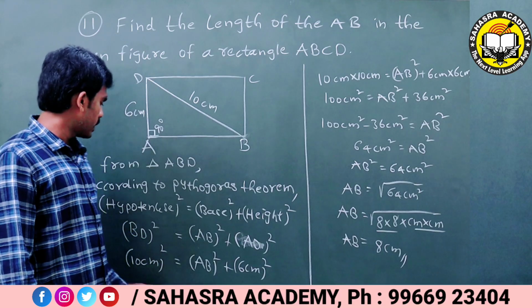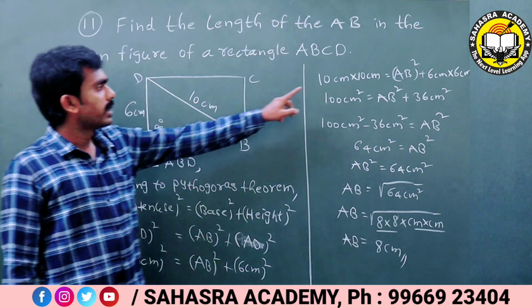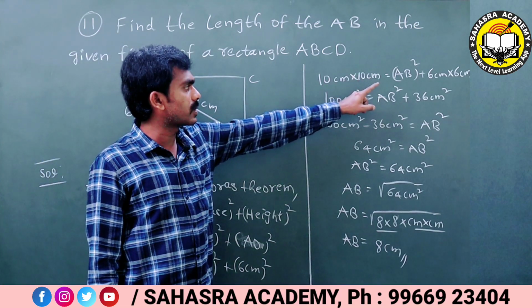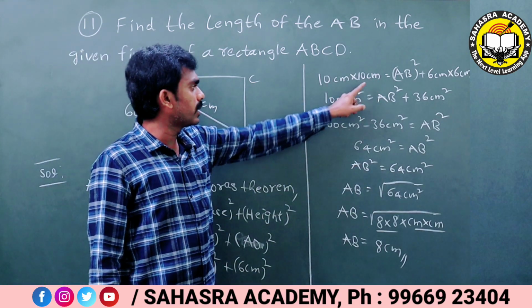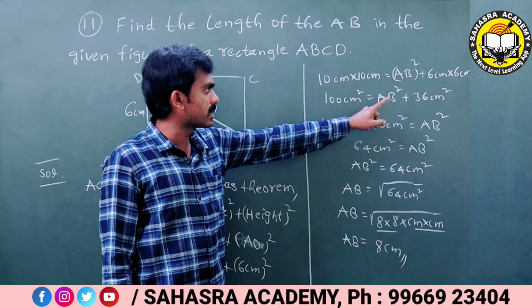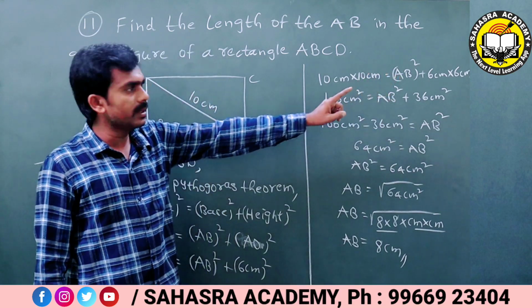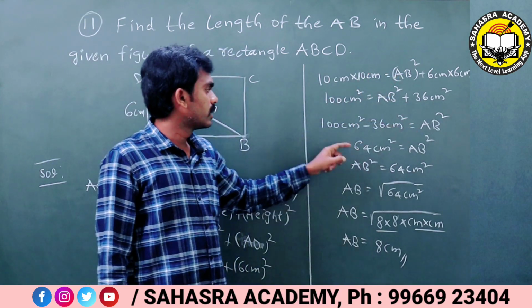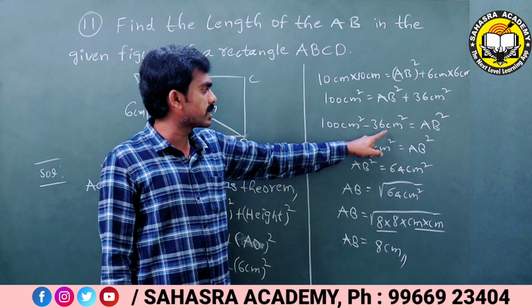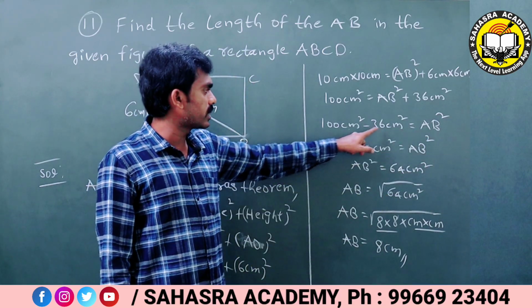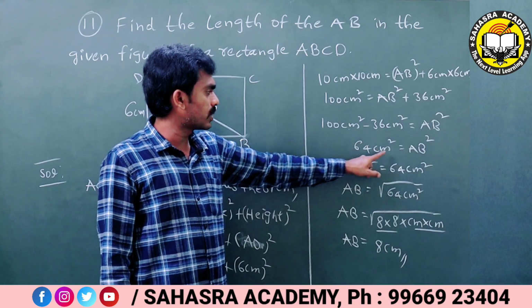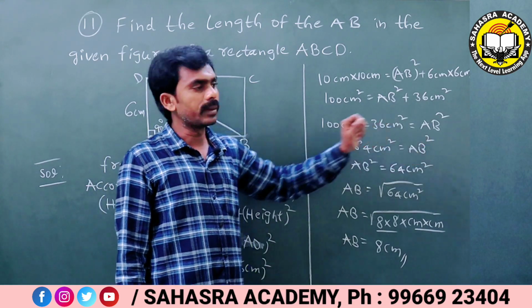square. So 10 centimeter whole square means 10 centimeter into 10 centimeter equal to AB square plus 6 centimeter into 6 centimeter. Okay, 10 centimeter into 10 centimeter is 100 centimeter square equal to AB square plus 6 centimeter into 6 centimeter, 36 centimeter square. So 100 centimeter square minus 36 centimeter square, 64 centimeter square equal to AB square.